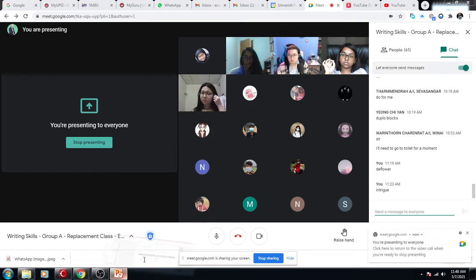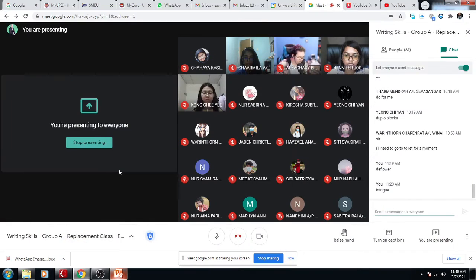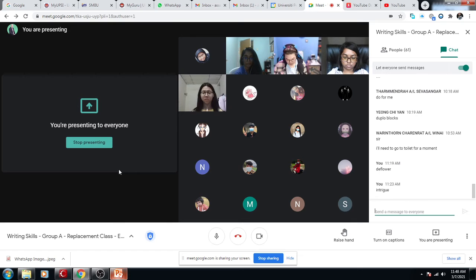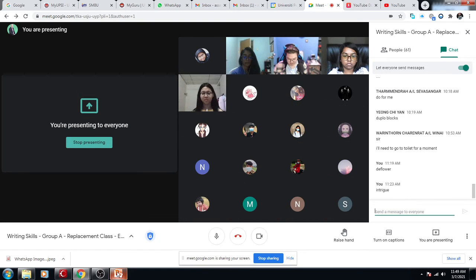So use one of these concluding cohesive devices to conclude, to summarize, therefore, etc. And make sure that you also use cohesive devices, discourse markers, within your paragraphs and sentences to create cohesion and coherence, to make your essay, piece of writing, cohesive and coherent. Unity, logic.